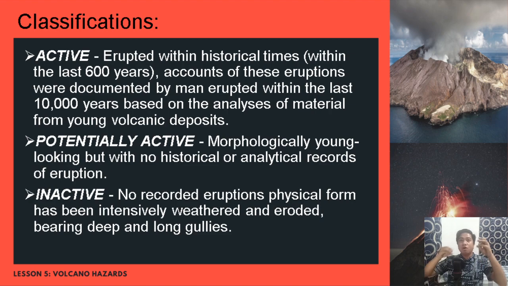And then mostly covered by vegetation or plants that are growing. So plants are capable of living there because there is no presence of lava itself. Okay. So again, we have your active, potentially active, or your dormant, and we have your inactive or also known as your extinct. Okay?